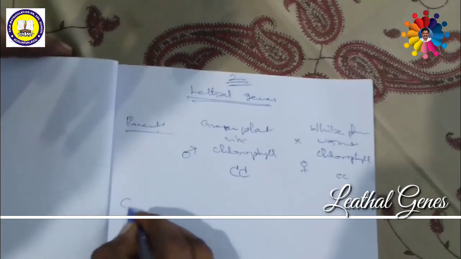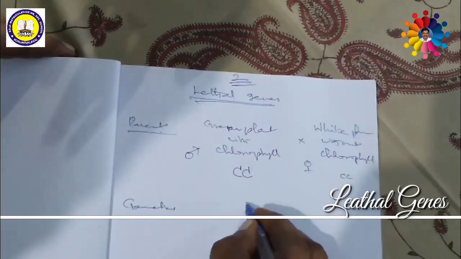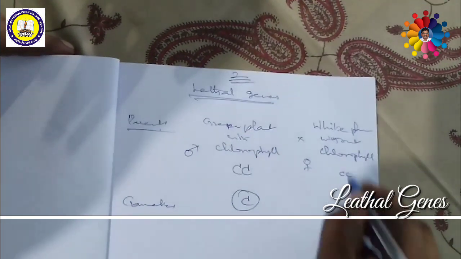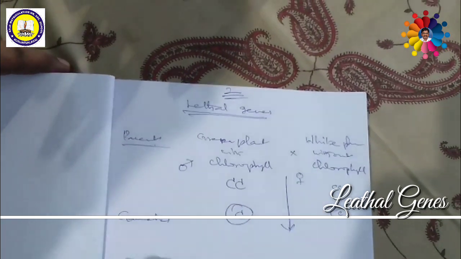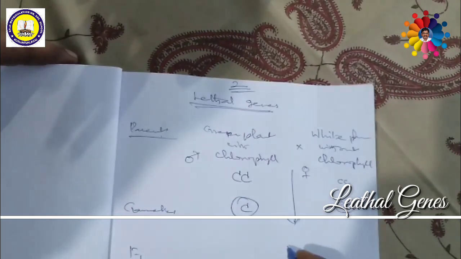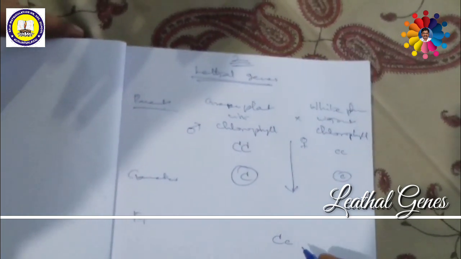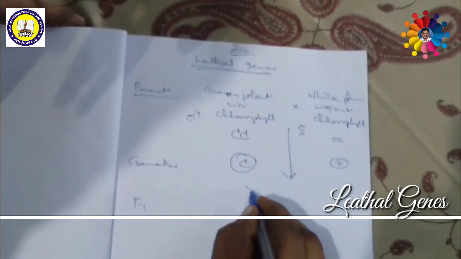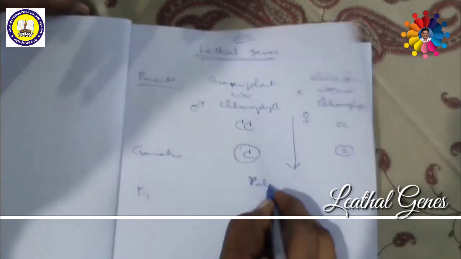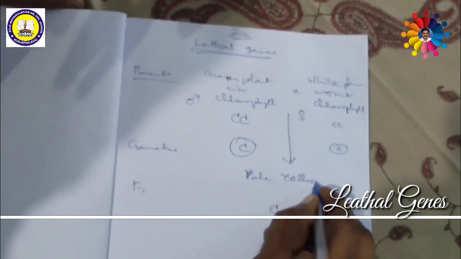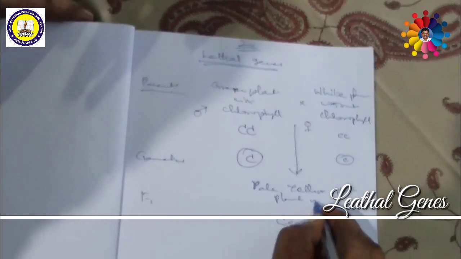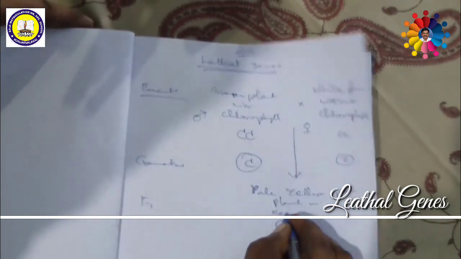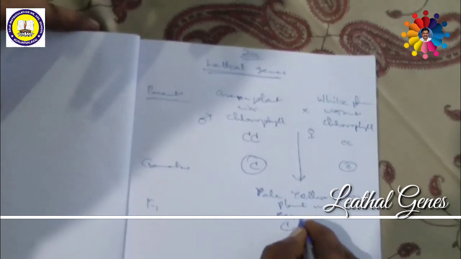If it is crossed, the gametes formed will be capital C, and in the recessive parent, small c. Then in the F1 generation, capital C small c will be produced, a pale yellow-green plant. These have pigments with carotenoids instead of chlorophyll.